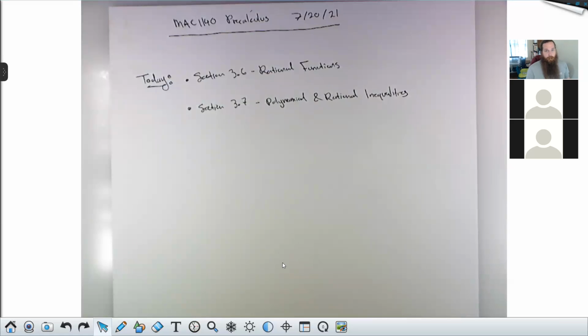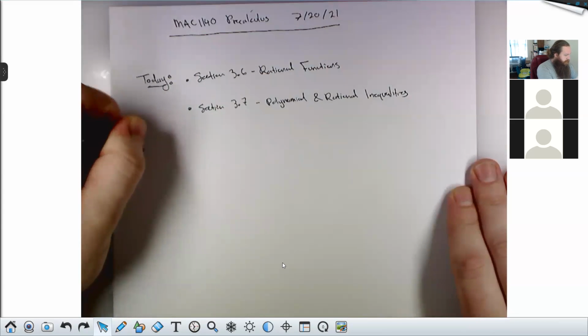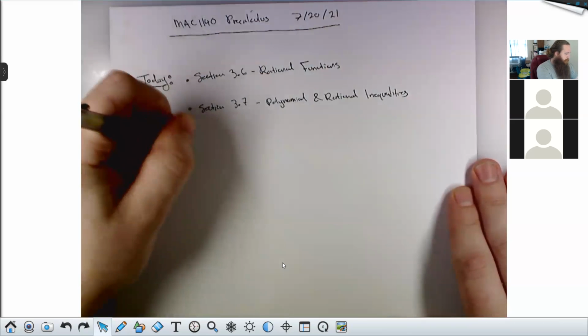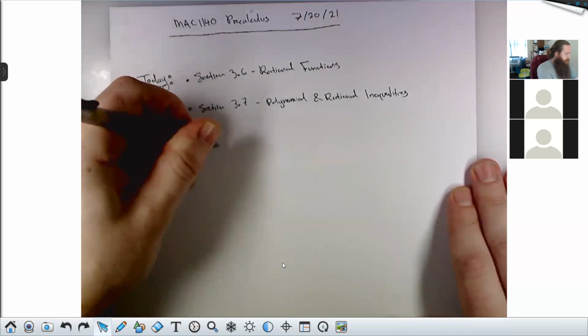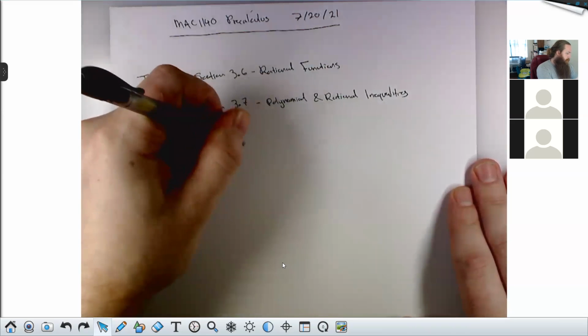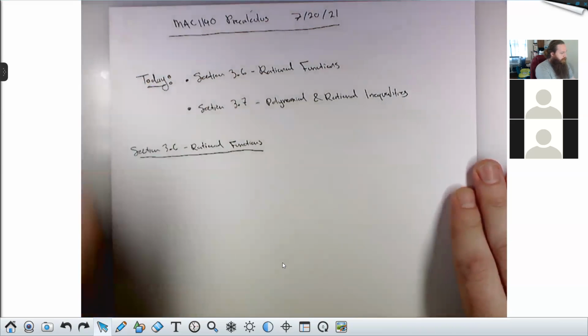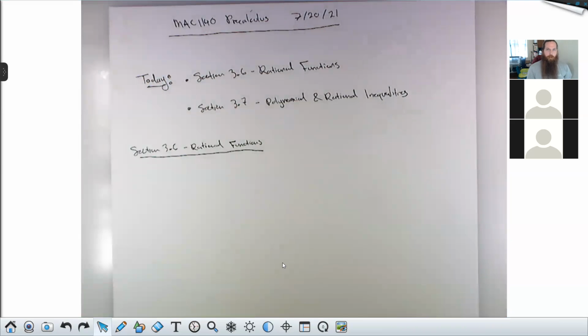As with all things in mathematics, got to start with the definition. So this is section 3.6. Rational functions. The most beautiful moments in mathematics come when you make a connection, when you realize that two things that you once thought were totally separate are actually linked together in really important ways.